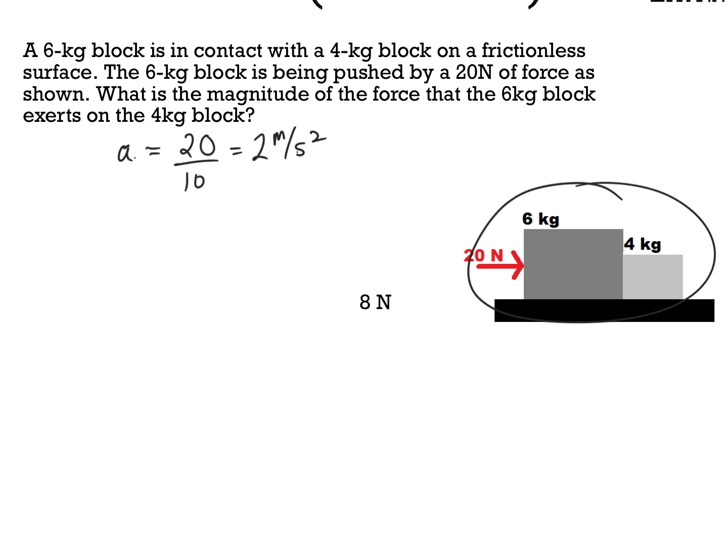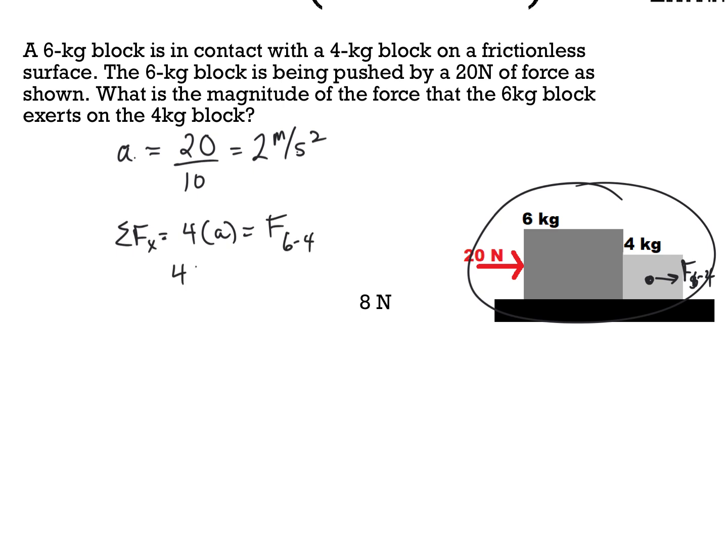For the 6 on the 4, I'm just going to look at this block. This is going to be the force of 6 onto 4, and that's the only force on that block. So the sum of forces in the x direction, which is going to be 4 times the acceleration, is going to be equal to just F of 6 onto 4.